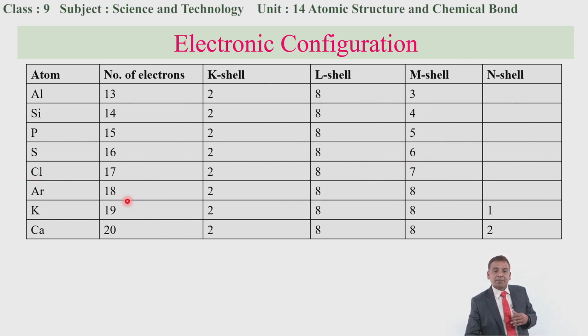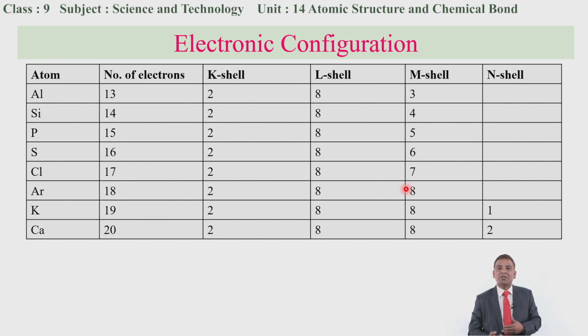But when you configure the electrons of argon, it has altogether 18 electrons. These 18 electrons are configured in this way: in the first shell 2 electrons, in the second shell 8 electrons, in the third shell, that is the M shell, 8 electrons. At the valence shell, that is the outermost orbit, it has 8 electrons.